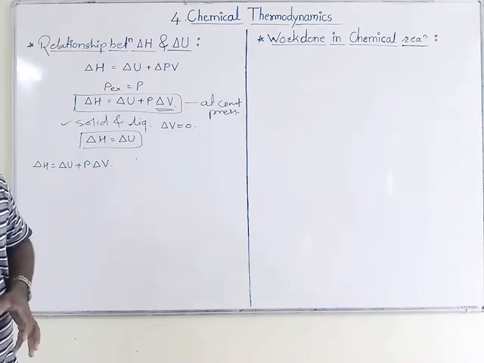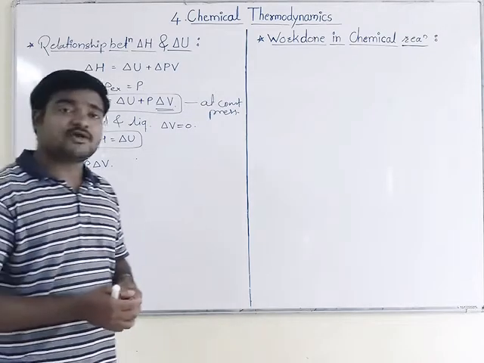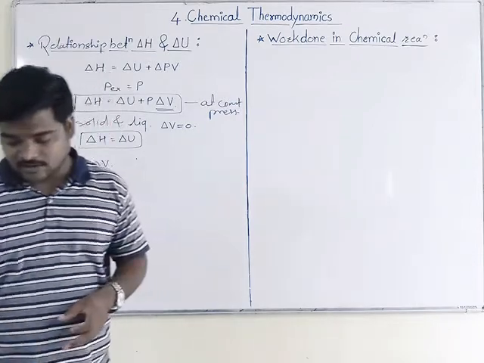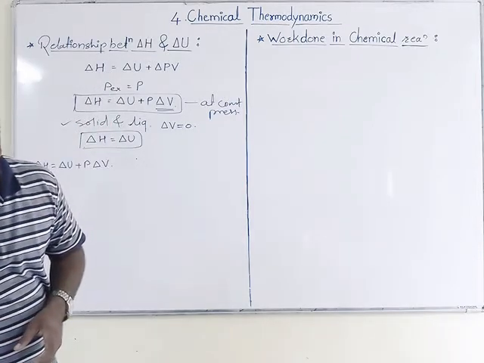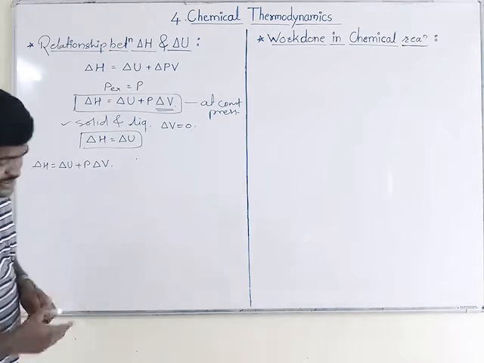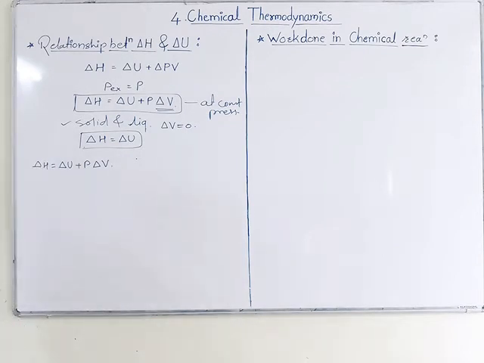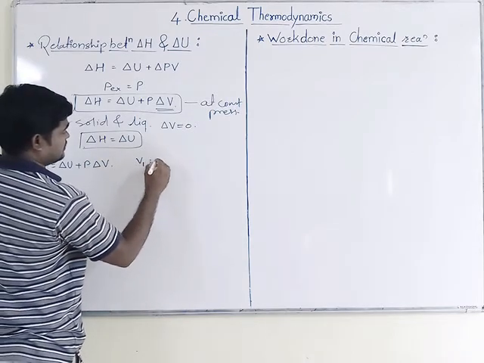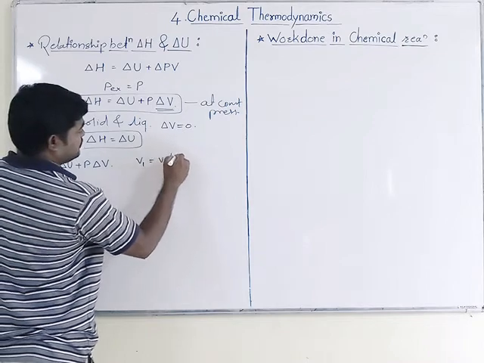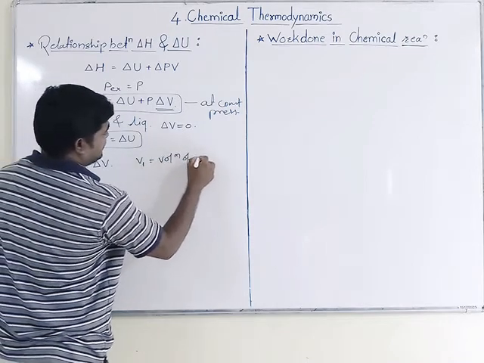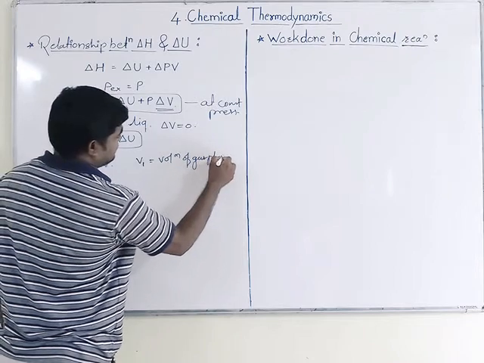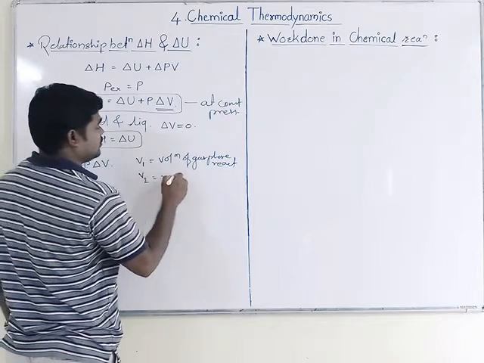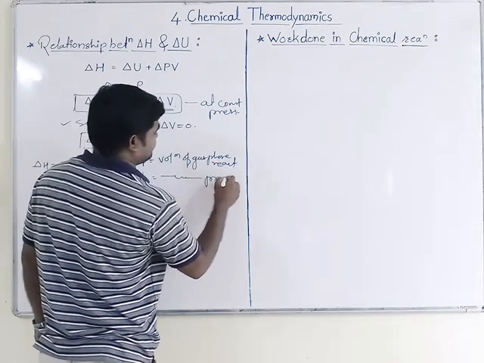But if we consider the volume change, it will be in two cases. V1 is the volume of gas phase reactants and V2 is the volume of gas phase products.